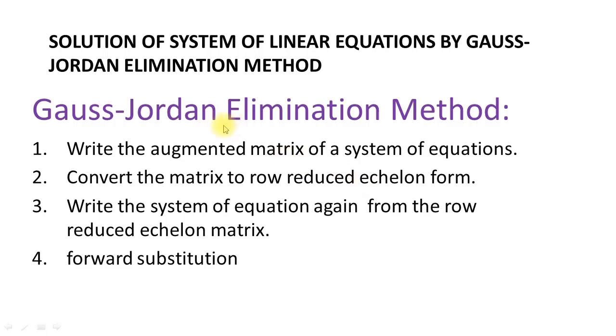And the second difference is that in Gaussian elimination method we use back substitution when we obtain the echelon form. But in Gauss-Jordan elimination method, when we obtain reduced echelon form, at the end we use forward substitution for the value of unknown variables which appear in the given linear equations.